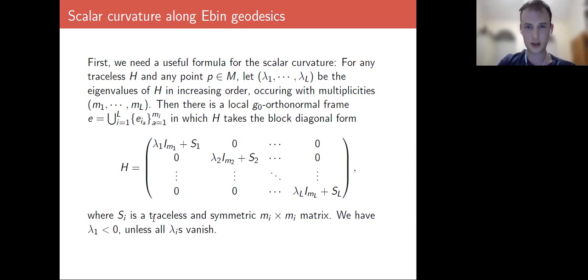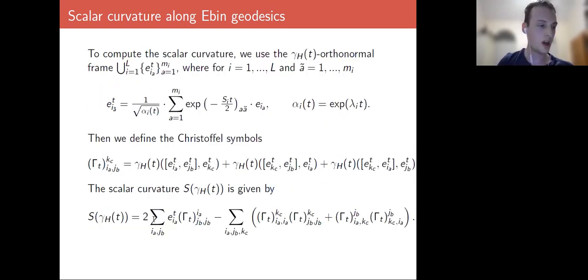Okay, so we've got a first basis. This is not an orthonormal basis for our metric yet. This is just a convenient basis for H. In order to turn this into an orthonormal basis for the geodesic gamma H of T, we have to take exponentials of square roots of things.